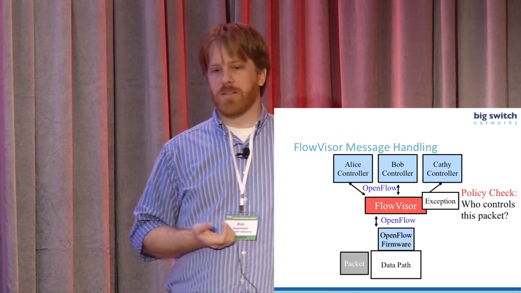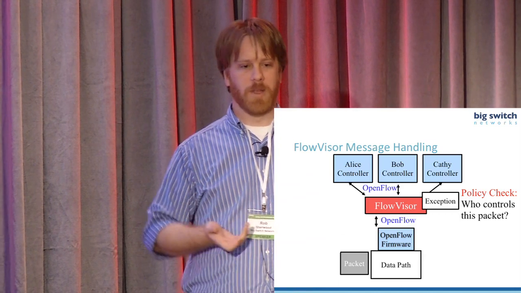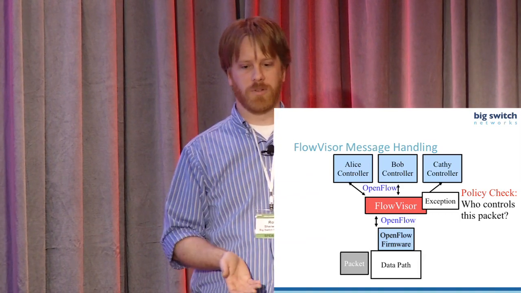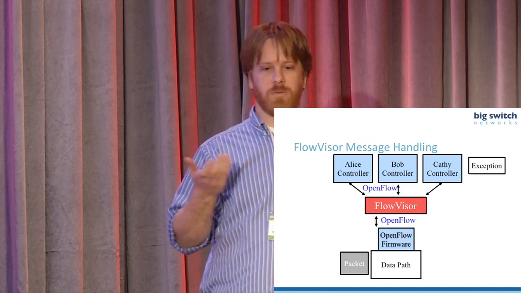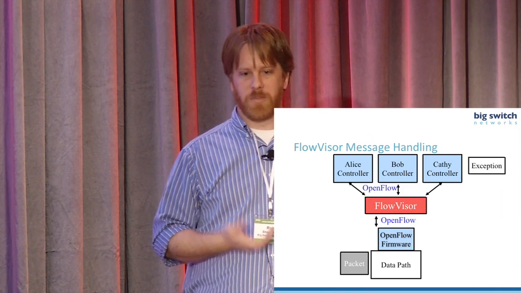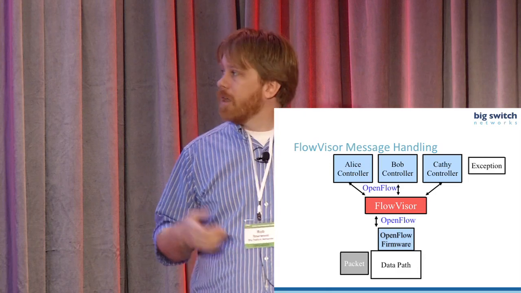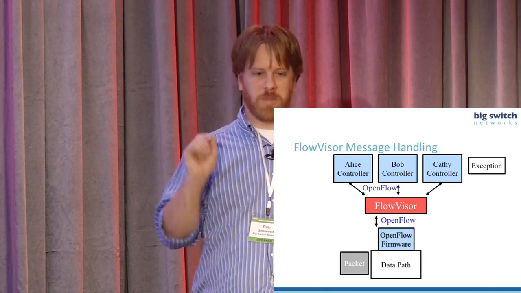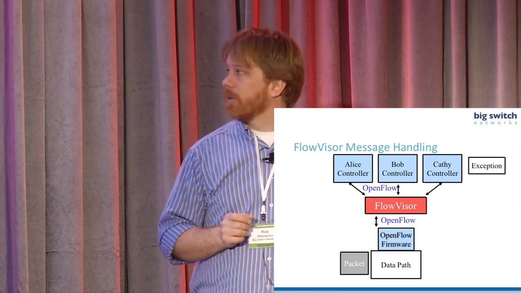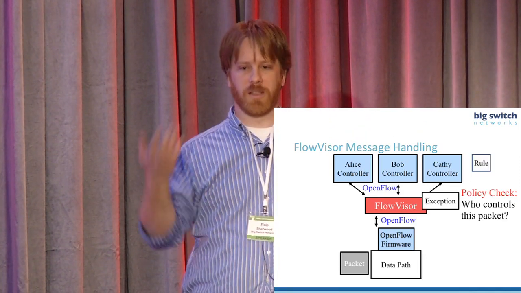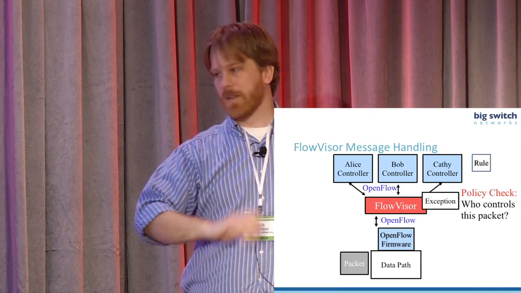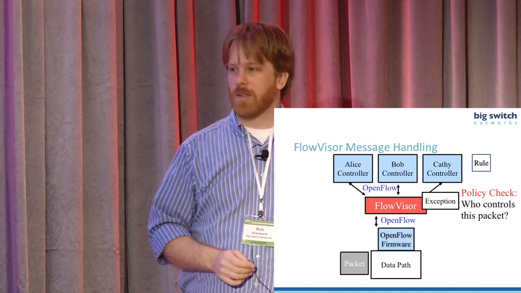The FlowVisor does a policy check and says, for packets of this form, let me go through my slicing rules and see who controls this. It decides, based on the rules it's been configured with by the person who owns that switch, that this particular type of packet is controlled by Kathy. Kathy then says, OK, I know what to do with these packets. I'm going to insert a forwarding rule that says send this out port number 5.